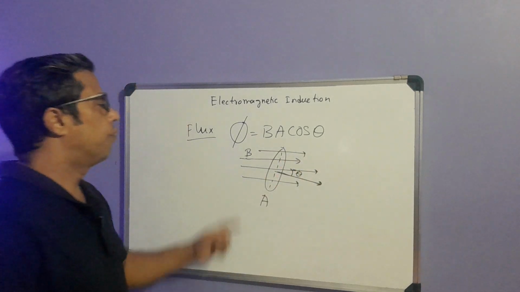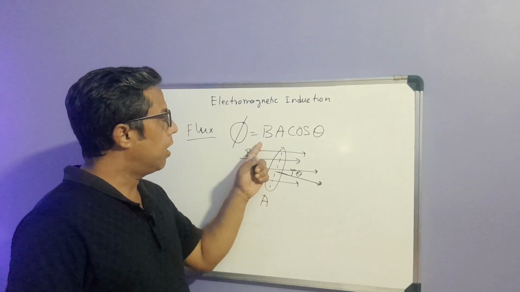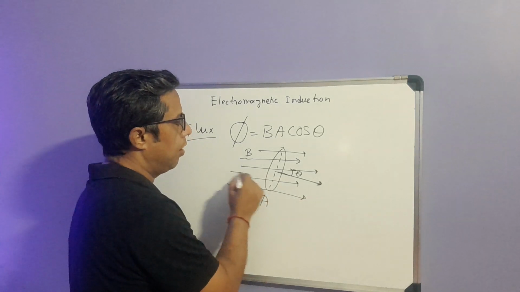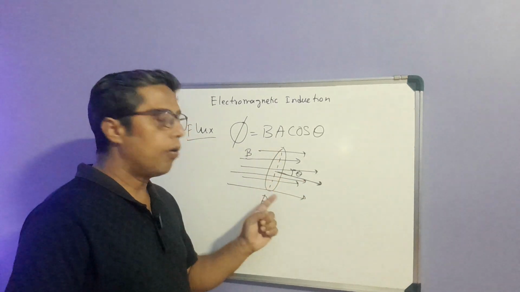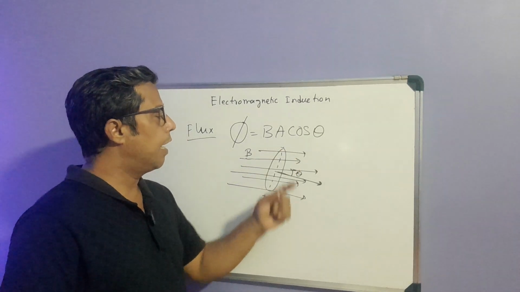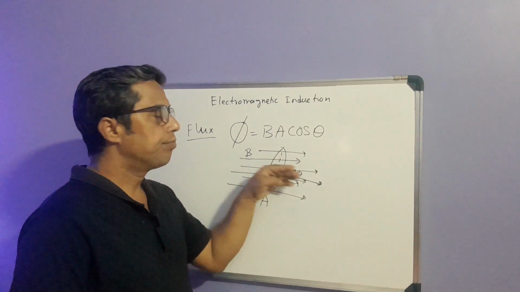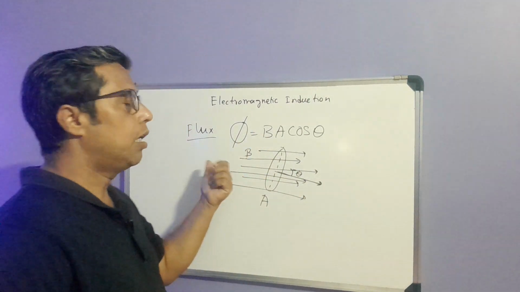So phi will be BA cos theta, where B is the magnetic field strength, A is the area of the coil, and theta is the angle between the surface and the magnetic field lines. This is the measurement of magnetic flux.